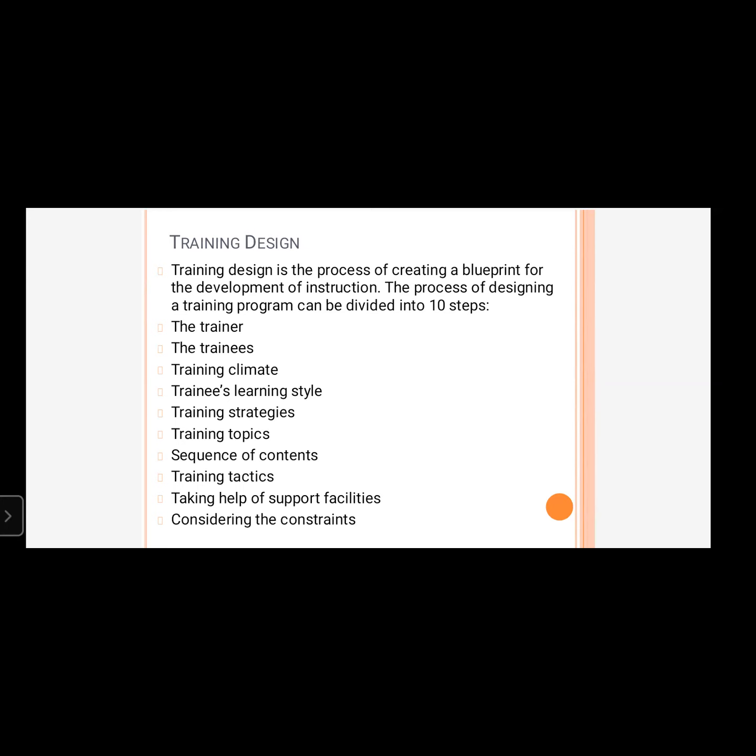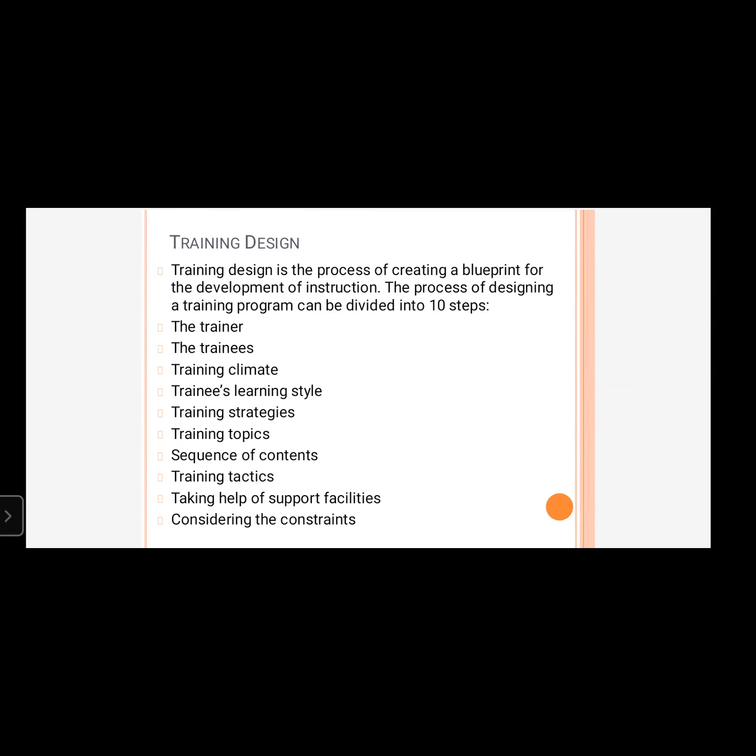All these things are to be taken into consideration by the trainer when he is giving training to the employees, because the ultimate aim is that the trainees should learn something out of the training. Then only the training will be successful.